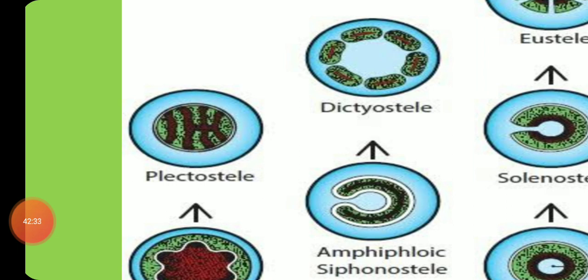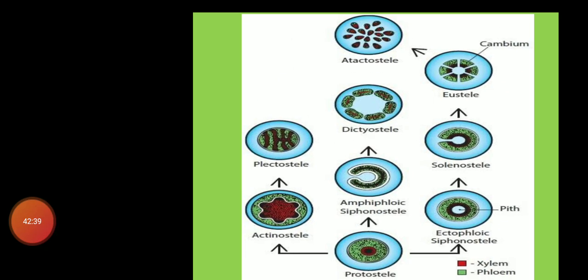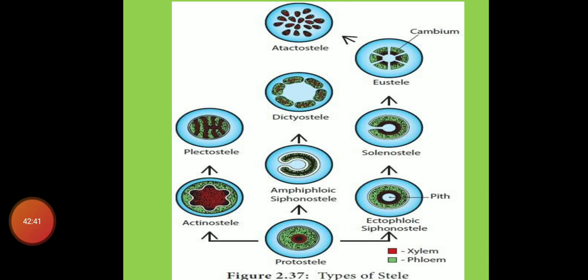And then mixed protostele is where xylem groups are uniformly scattered in the phloem. This is observed in Lycopodium cernuum. So all these are called protostele: haplostele, actinostele, plectostele, and mixed protostele.